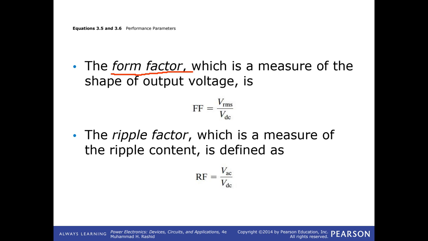Ripple factor. Form factor and ripple factor. Ripple factor is AC over DC. Şimdi şöyle bir dalga şekli çizeceğim. You are going to understand better.